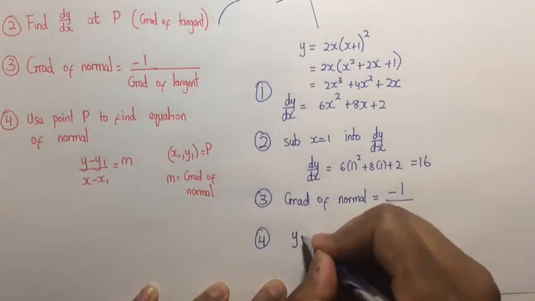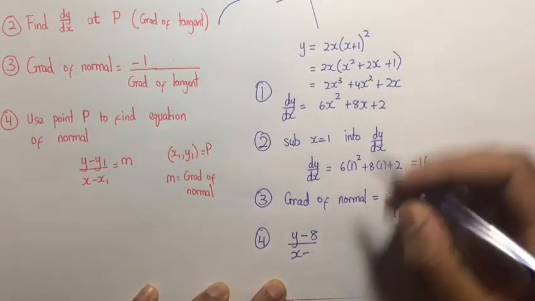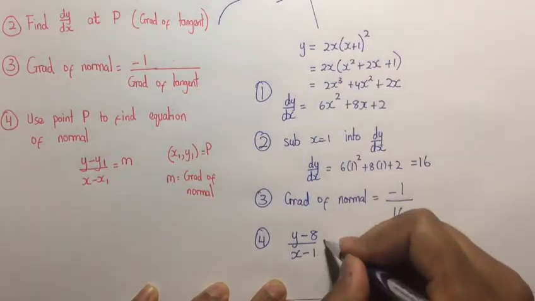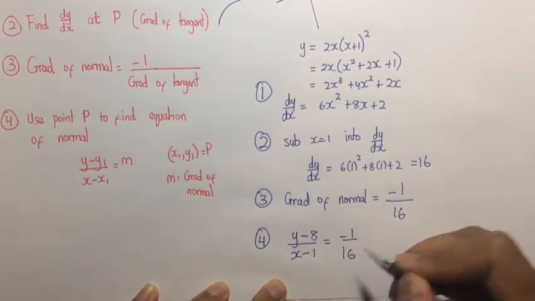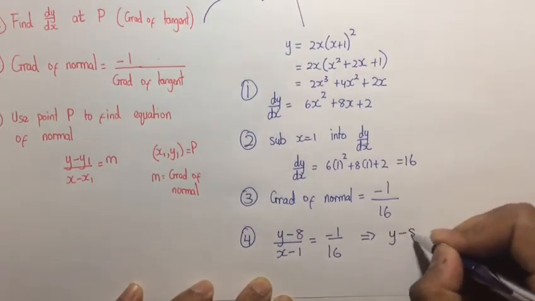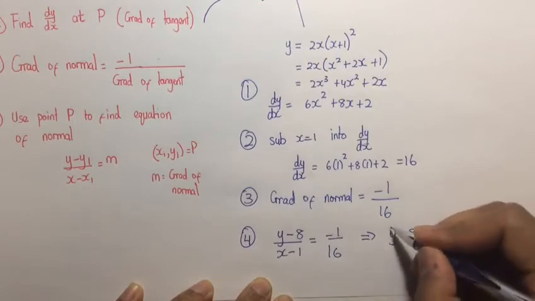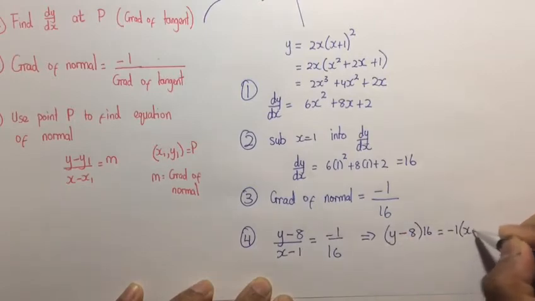So (y − y1), which is y − 8, over (x − x1), which is x − 1, is equal to the gradient of the normal, which is equal to −1/16. So this means that (y − 8) times 16 is equal to −1 times (x − 1).